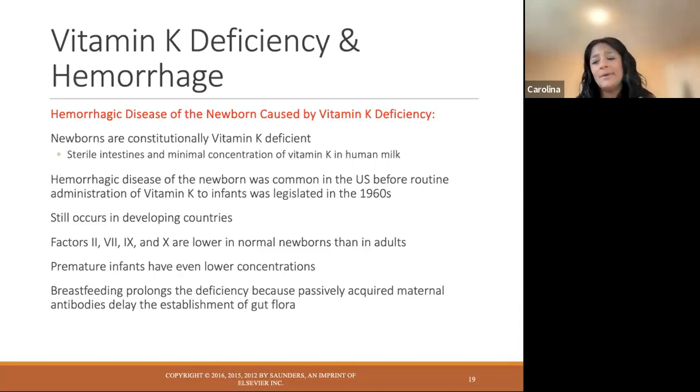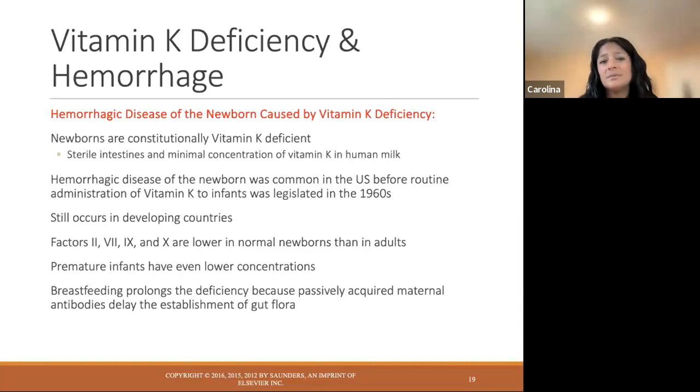The mother is constantly passing antibodies to the baby, so the immunity is not coming from the baby, right? That delays the baby's ability to establish their own normal gut bacteria that will make that vitamin K.